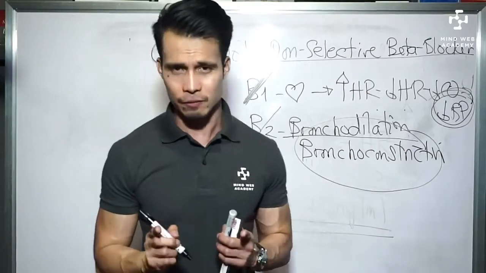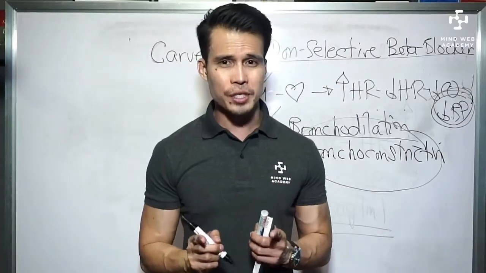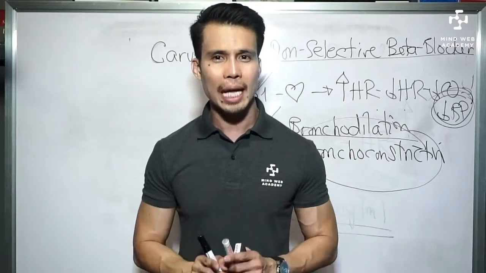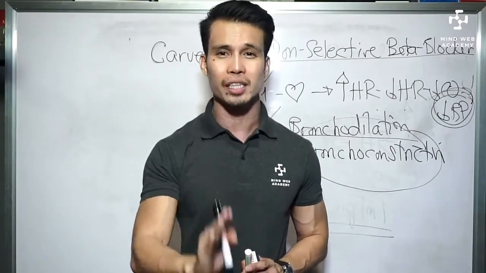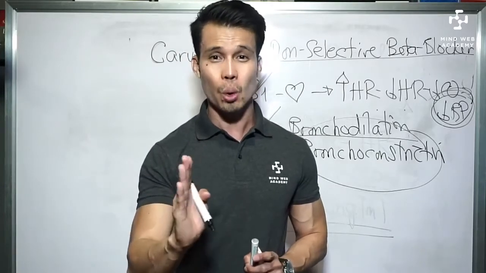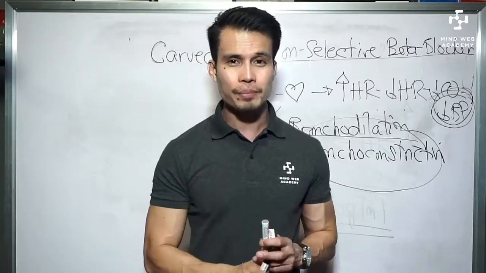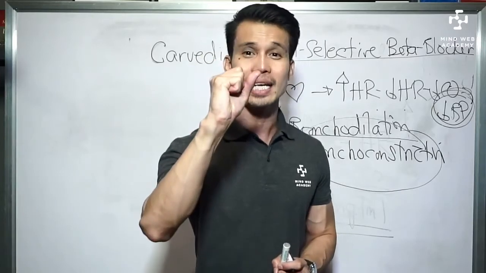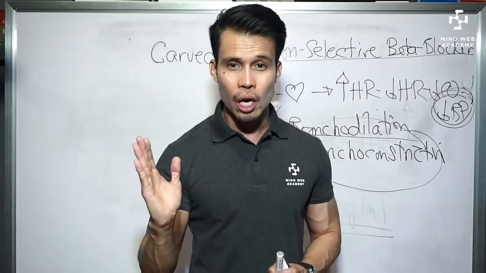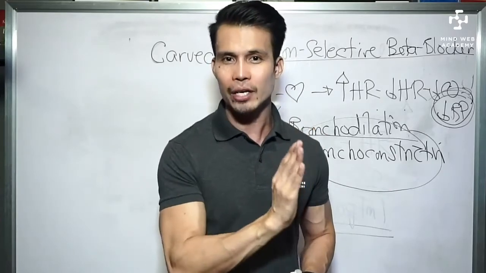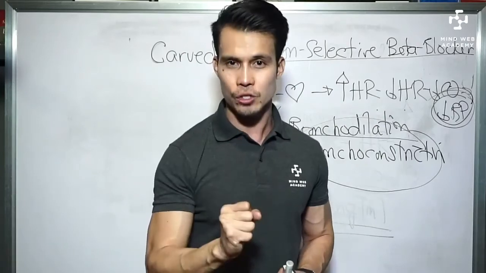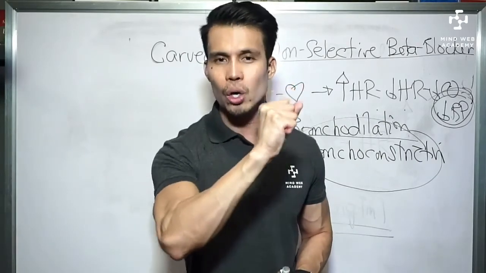So ask yourselves, nurses, since it can cause bronchoconstriction, can it be given to a client with chronic obstructive pulmonary disorder, just like bronchial asthma? Obviously, no. Why? In bronchial asthma, the airway of our client is already narrowed. If we still give carvedilol, a non-selective beta blocker, the beta 2 receptor sites in the airway can also be blocked, leading to bronchoconstriction.